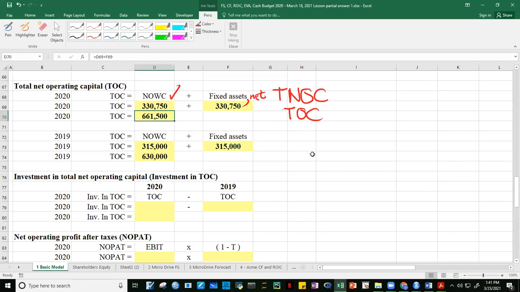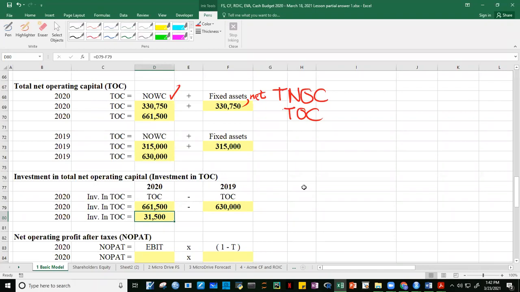Okay, so how much was the investment in TOC? Noong 2020, it was 661. But in 2019, it was only 630. Therefore, there was an investment of 31,500. Okay, clear so far, guys?